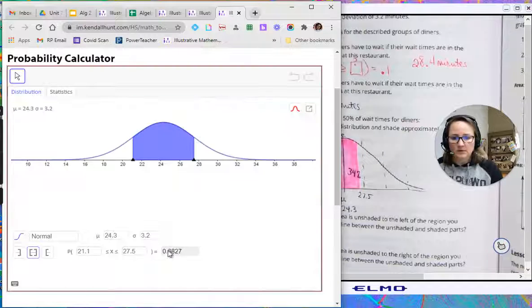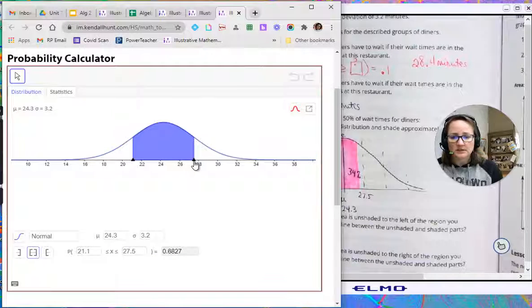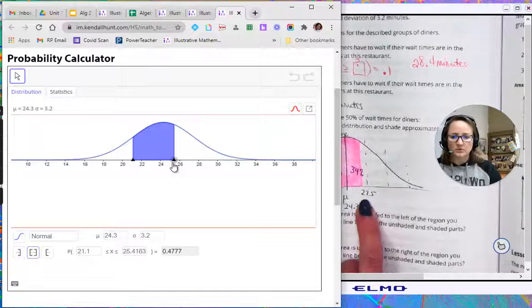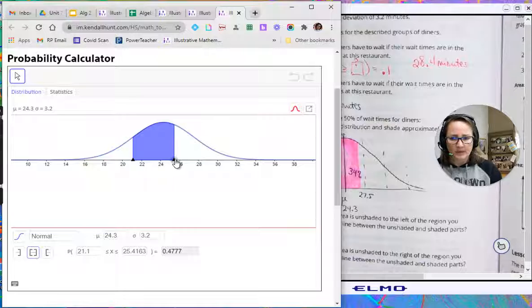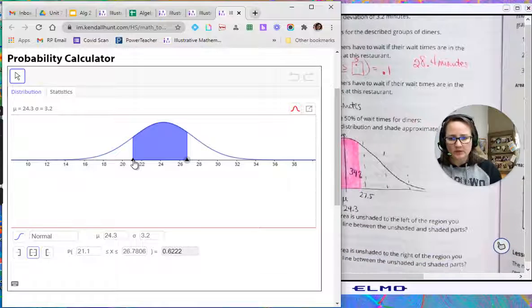It wouldn't give me a value. Guess I can type in there. That's so weird. So for that range in the middle, I'm going to need to manually use these sliders until I can get about there. I know it's going to be less than 27.5, and I know it's going to be more than 21.1.